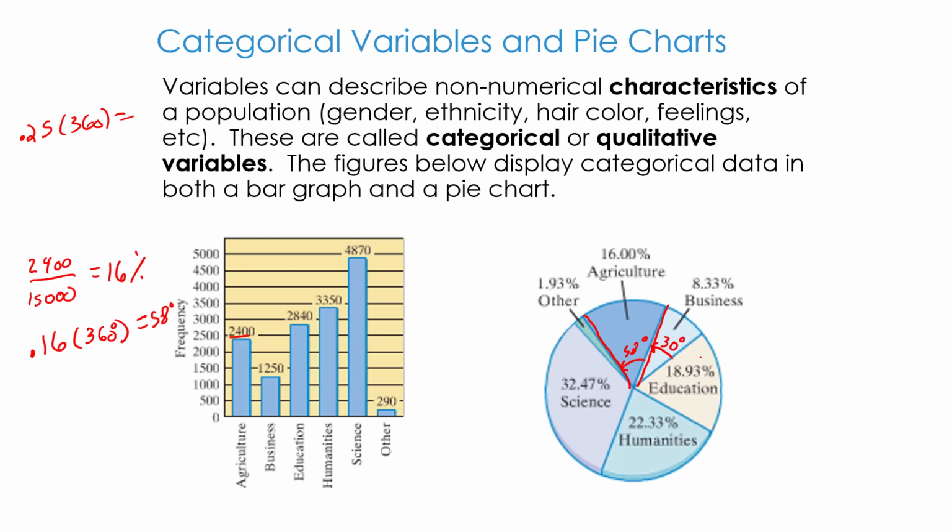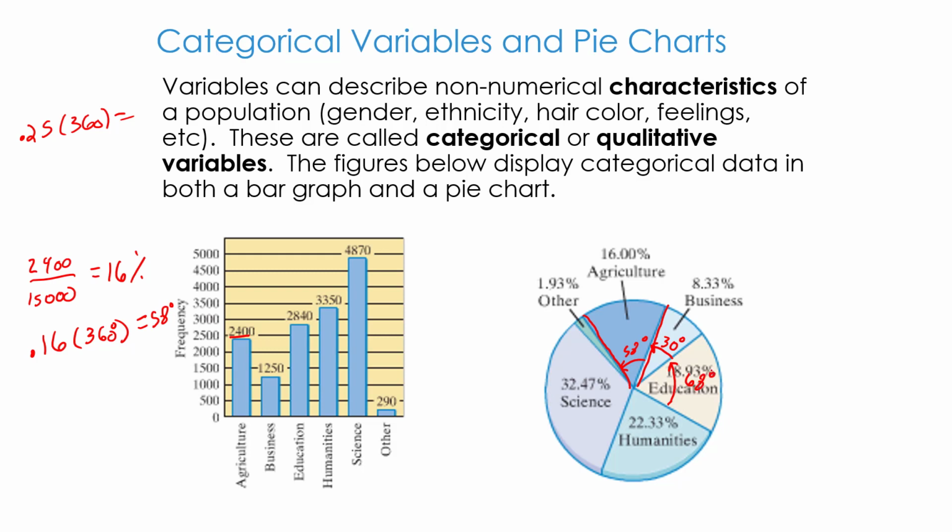Education is 2,840 divided by 15,000. And then you multiply that by 360 and you get a 68.16 degree angle. So you can see that the education wedge is bigger than the agriculture wedge, and really it should measure 68 degrees.